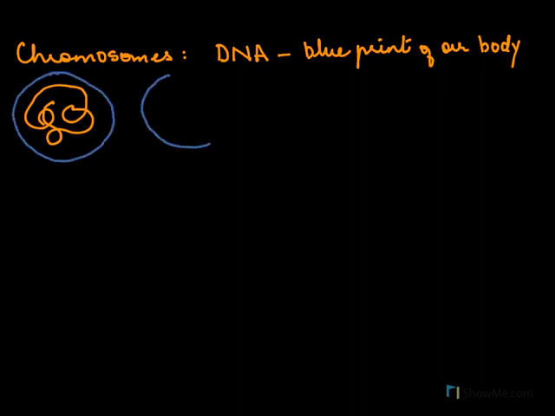When the cell is about to divide, what I'm drawing is a nucleus, this network organizes themselves into these chromosomes just before dividing, rod-shaped chromosomes.